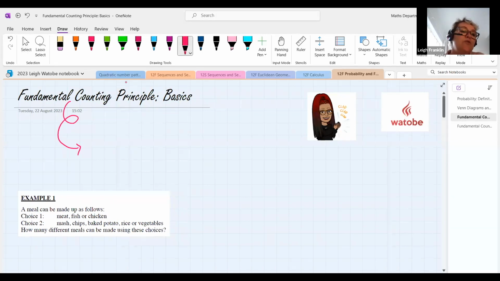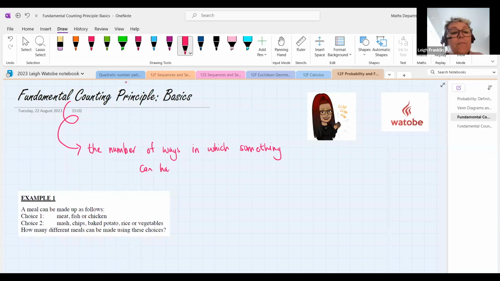When we deal with questions regarding the fundamental counting principle, we are dealing primarily with the number of ways in which something can happen. What we need to be careful of is whether things can be repeated or cannot be repeated.